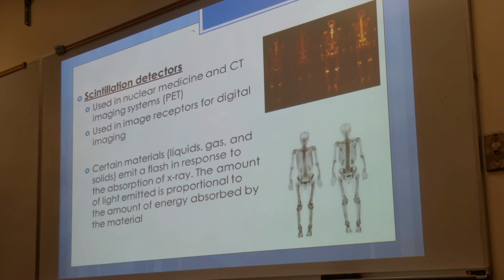We have scintillation detectors that detect the amount of this light flash, and it is proportional to the amount of energy absorbed by that particular material. Stronger the flash, the more radiation. Makes sense, right? Scintillation detectors.